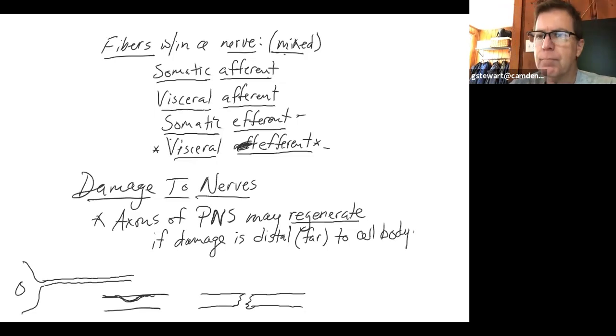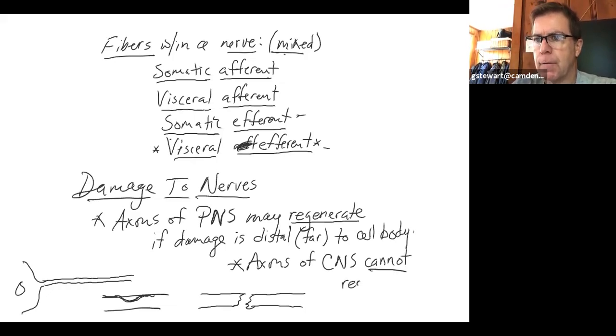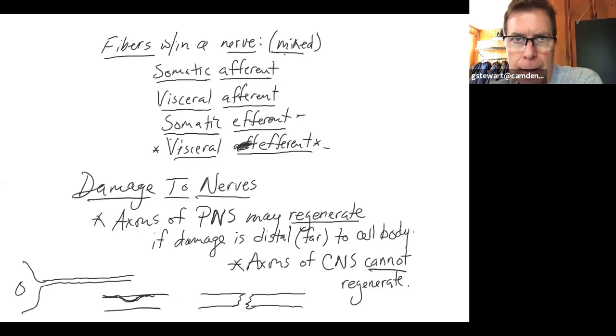So before I go to another page, this is worth saying. Axons of the central nervous system typically cannot regenerate. You've probably heard the expression that once you lose brain cells, you're not getting them back.